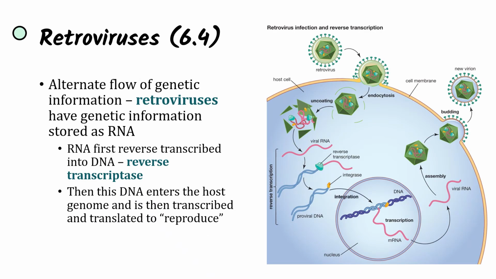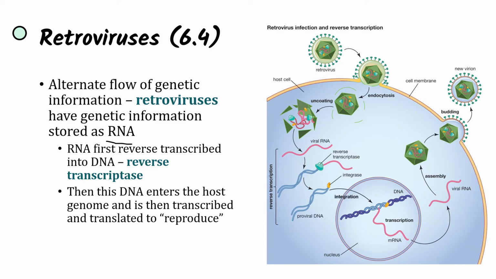And so far we've been discussing the central dogma in the stages of DNA to RNA to protein, but we also have to discuss retroviruses and an alternate flow of genetic information. So retroviruses, or viruses, can only quote-unquote reproduce, because there are debates on whether they're living or not, but they can only replicate by infecting a host cell, and they have genetic information stored as RNA.